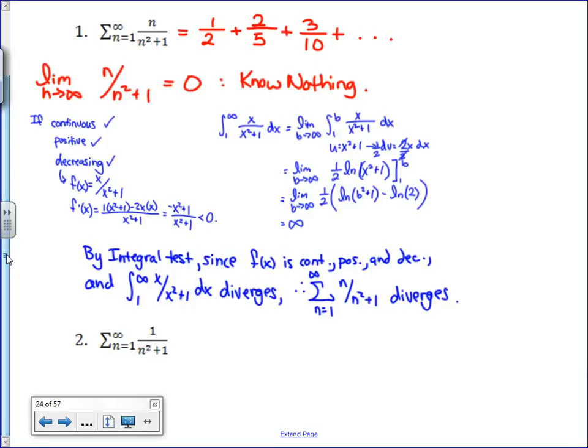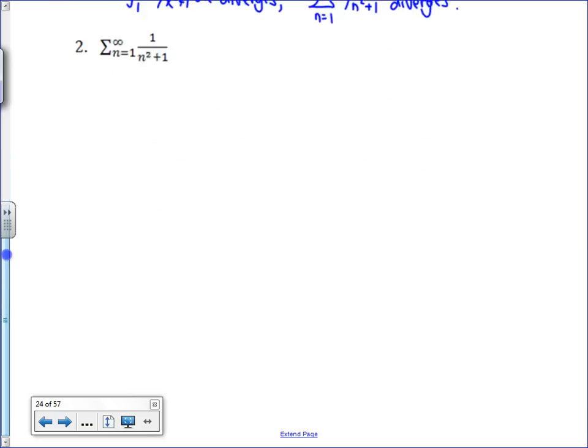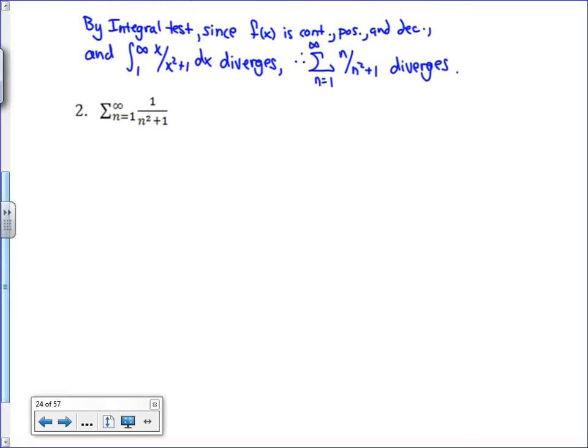How about this one then? Where would you start? Let's say it's Friday, you have this problem, you should say, ooh, I really hope it's easy and I can do the geometric test. So what would you do? 1 over 2 plus 1 over 5 plus 1 over, okay, don't waste time. Is it geometric? No. Well, maybe I can do the nth term test.